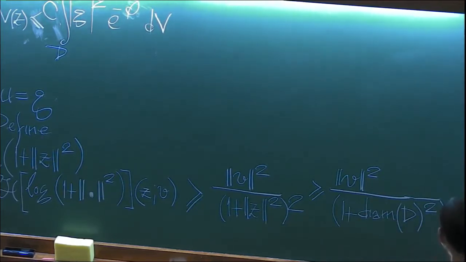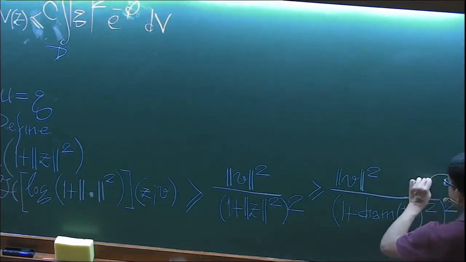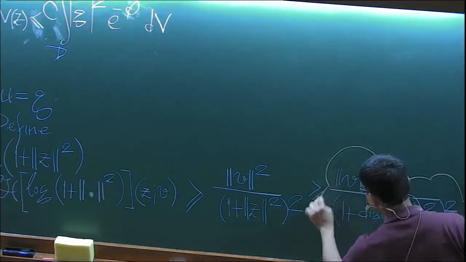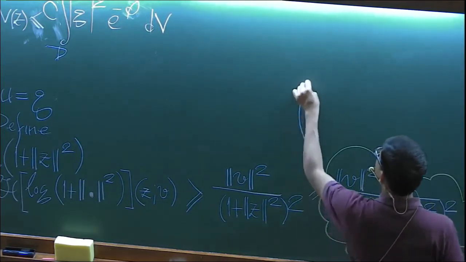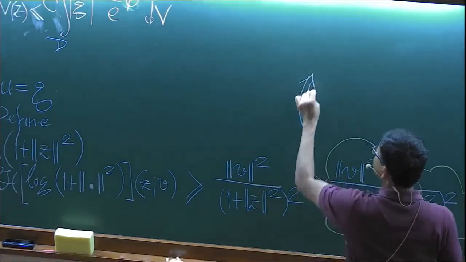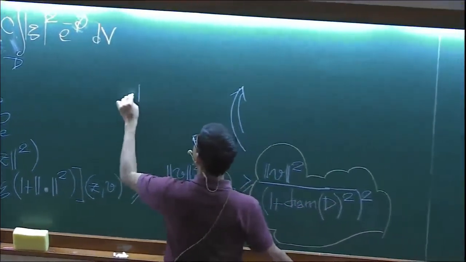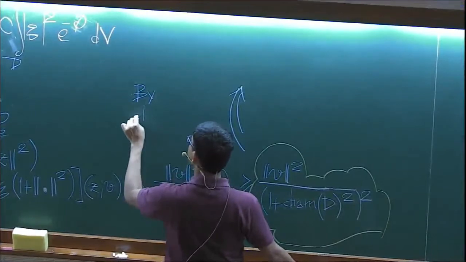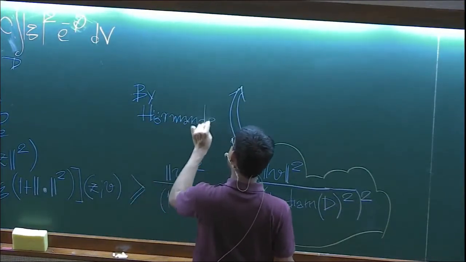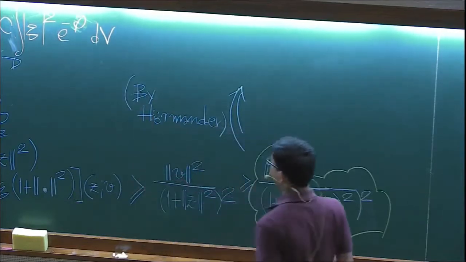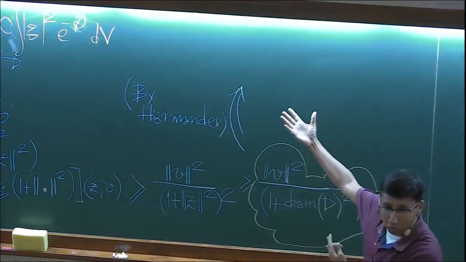In Debraj's parlance, this over here is that little c, that small quantity. So this implies, by Hörmander, that I'll have a 1 over c.